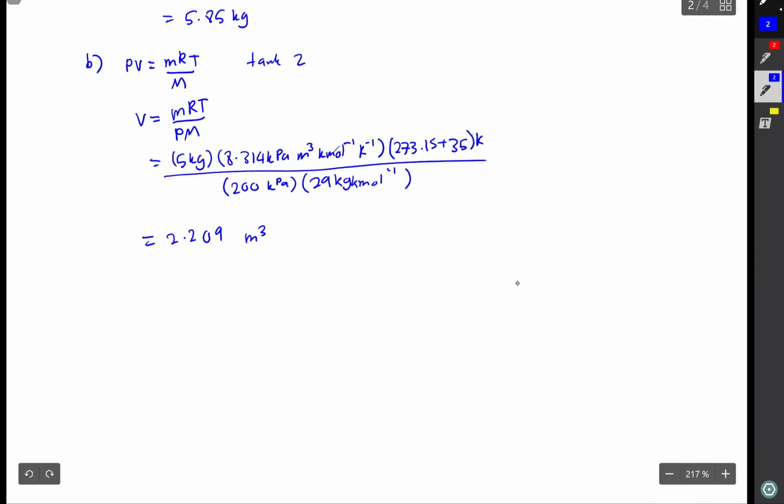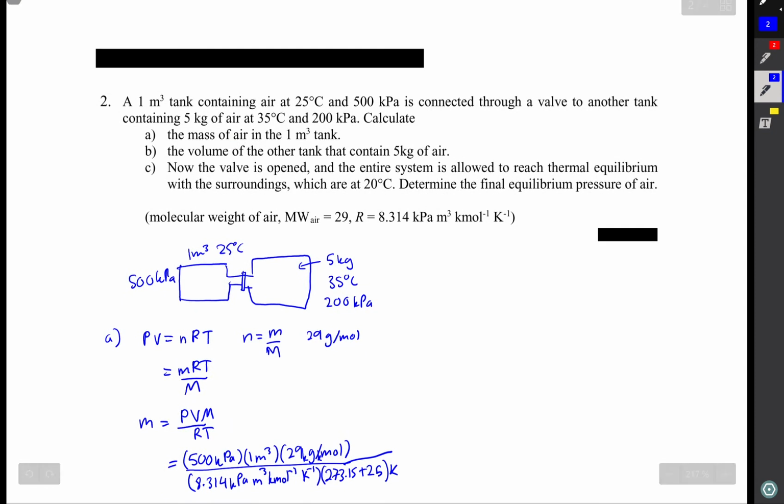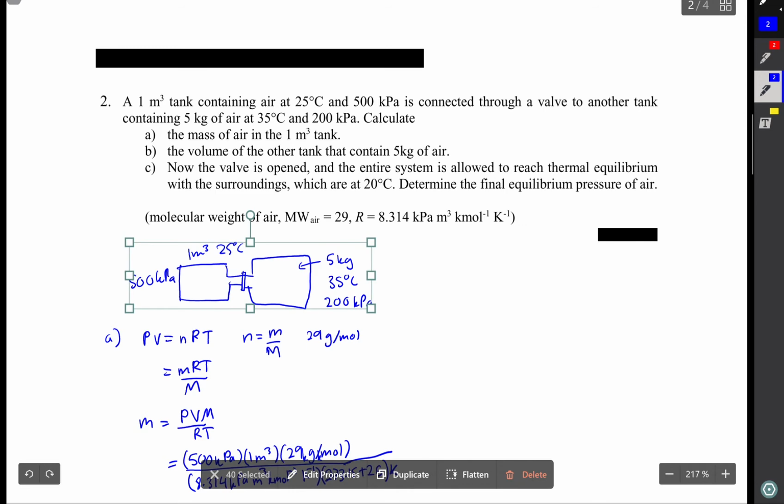Okay, for the third question. So the third question is we have to look back onto this figure.